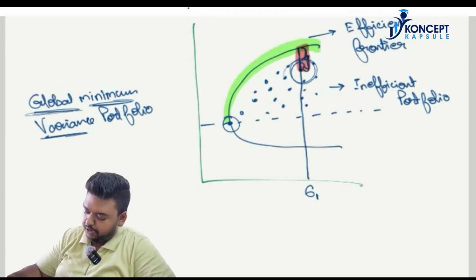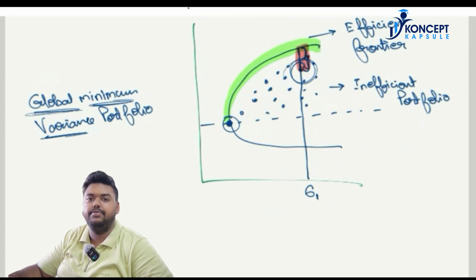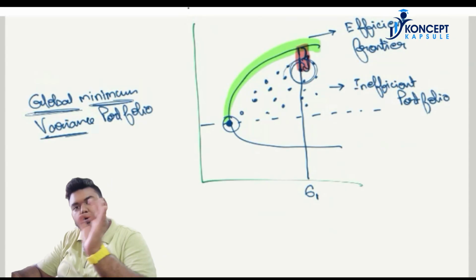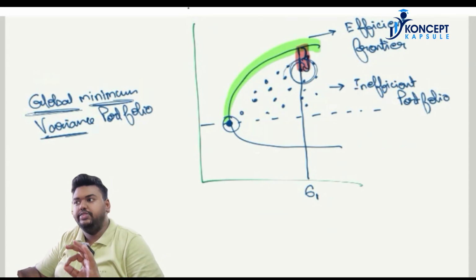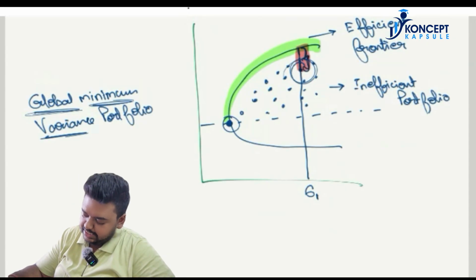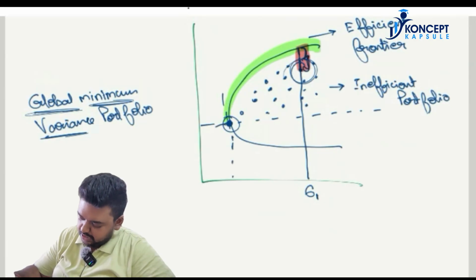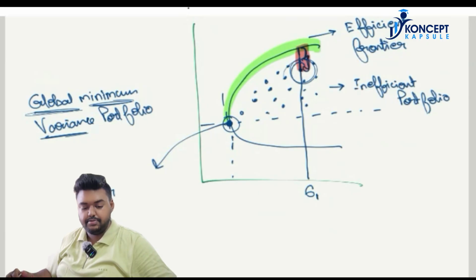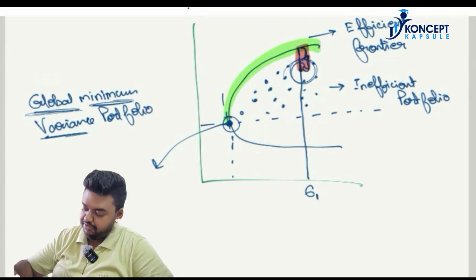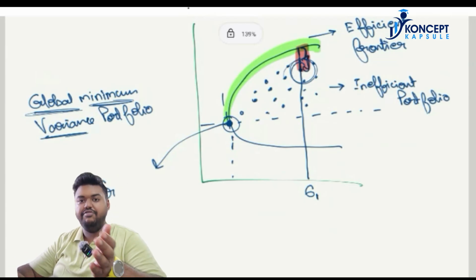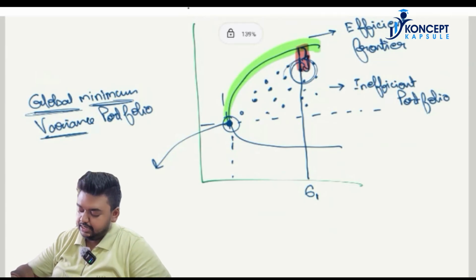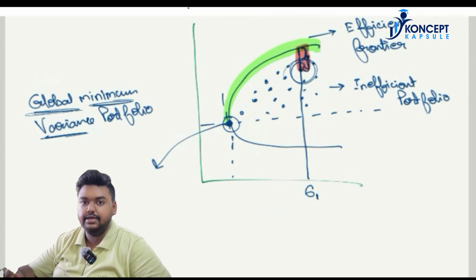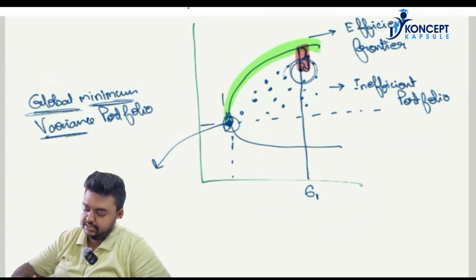So, the point of tangency, or the last portfolio on the efficient frontier, is the global minimum variance portfolio. Why? Because you have no portfolio which has a risk lower than the portfolio which stands on this tangency.